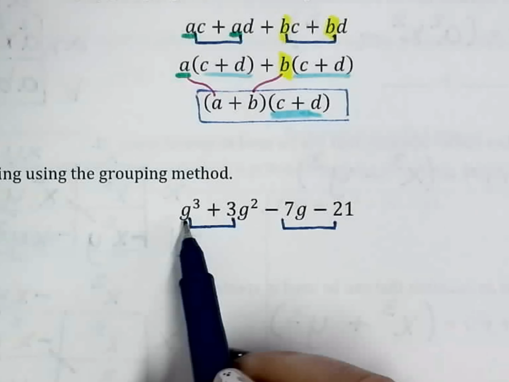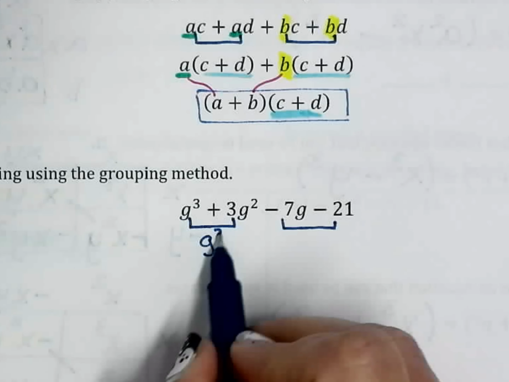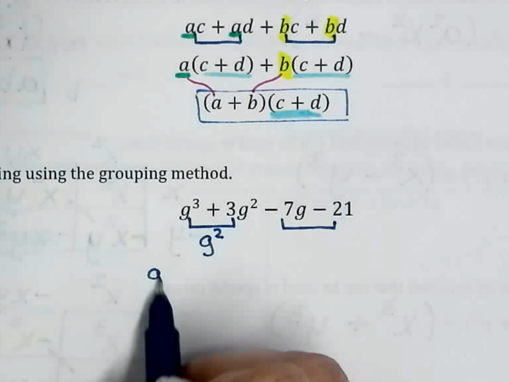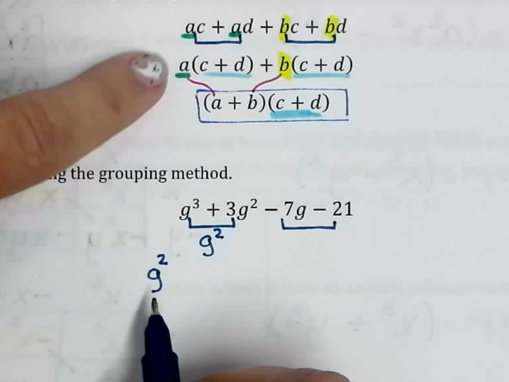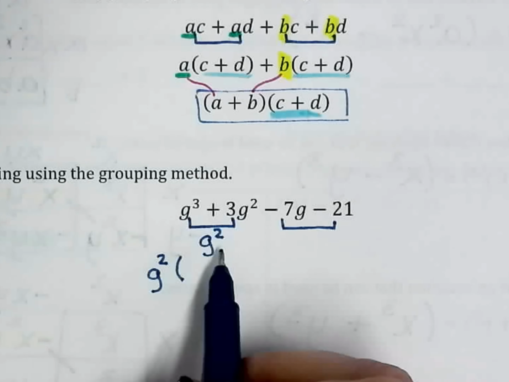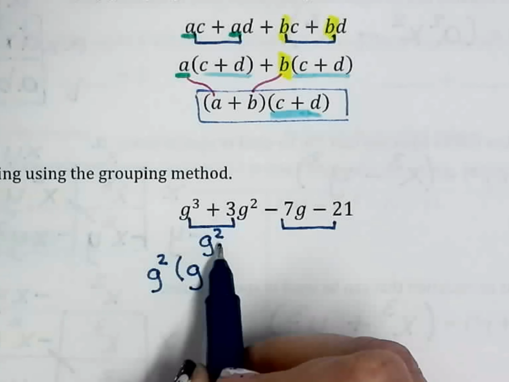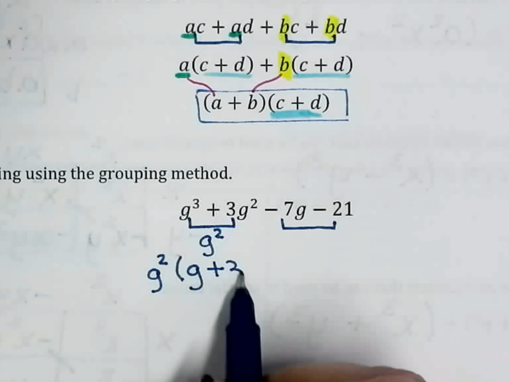All right, GCF between g cubed and g squared is g squared. GCF goes in the front, just like what we did for this question right here. Divide goes in parentheses. G cubed divided by g squared, I get g. 3g squared divided by g squared is 3.